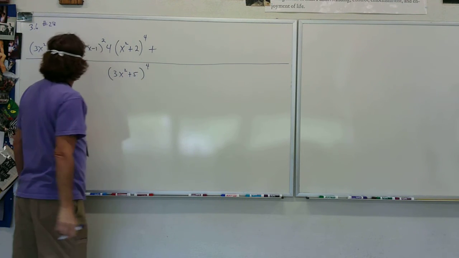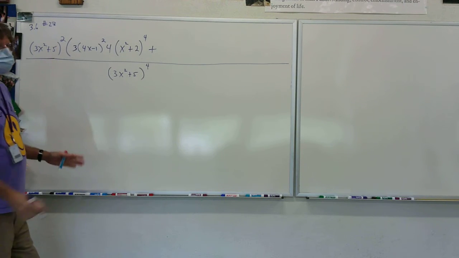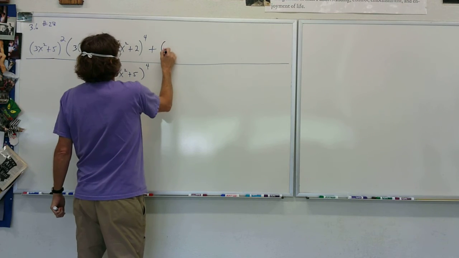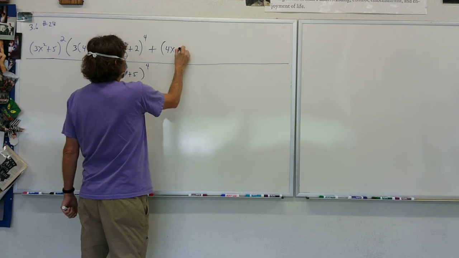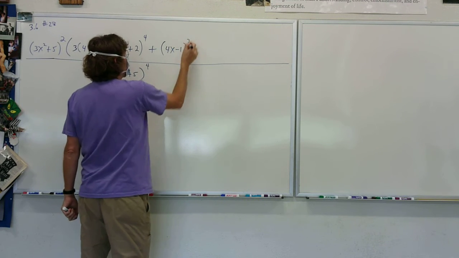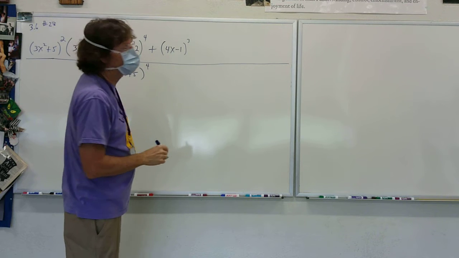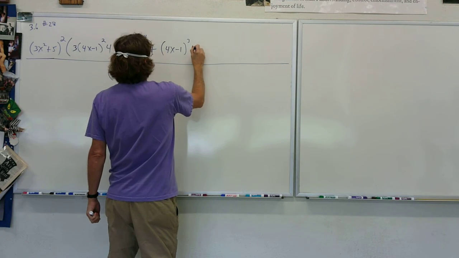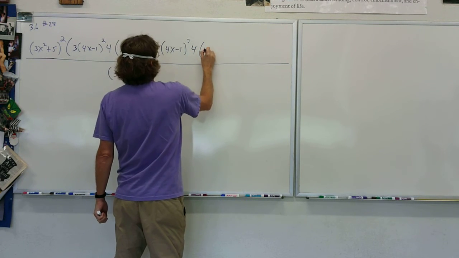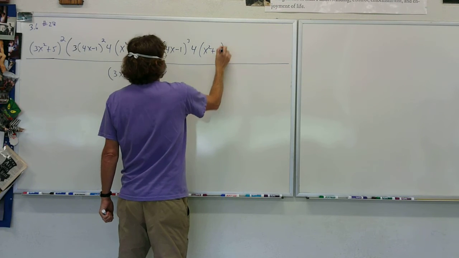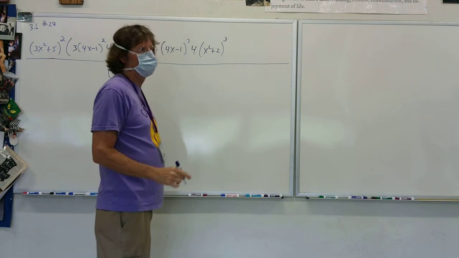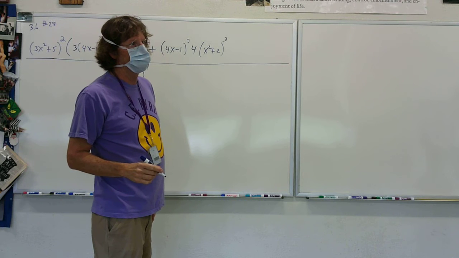Plus, then you have to write down the first part: 4x minus 1 cubed. Then you have to take the derivative of that second part, which is going to be 4 x squared plus 2 to the 3rd times 2x.